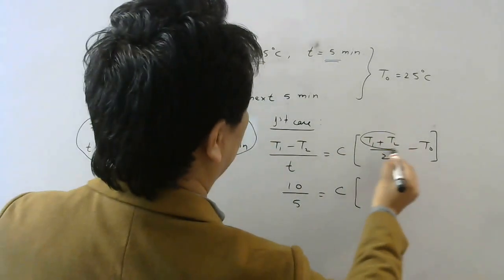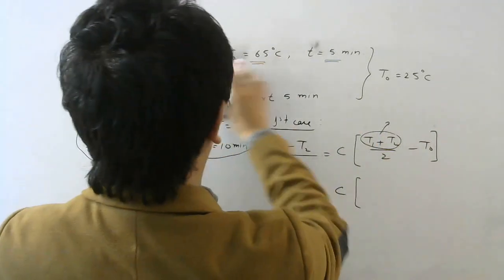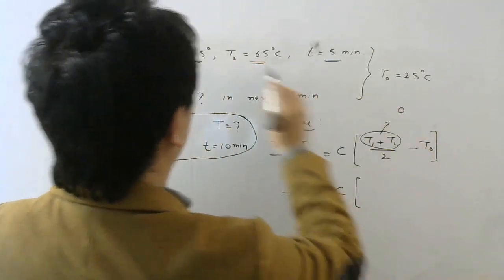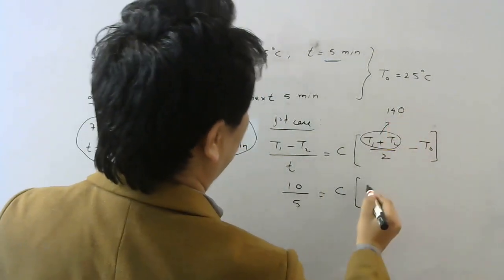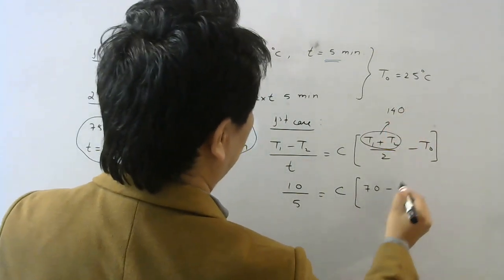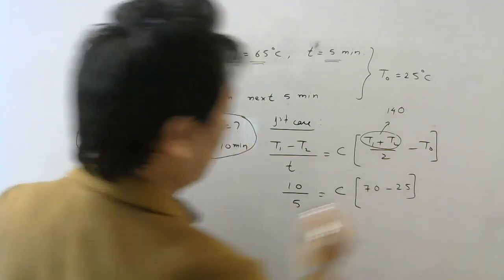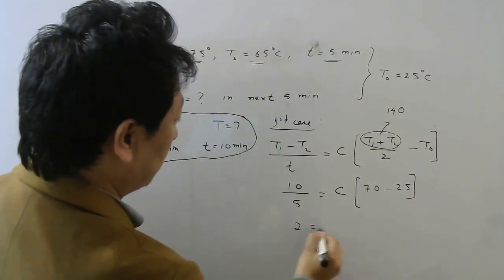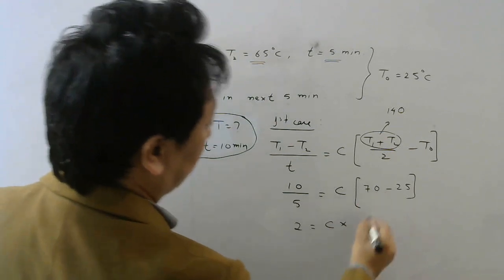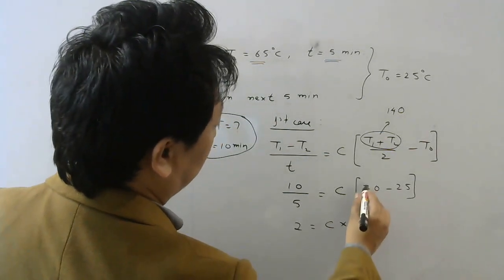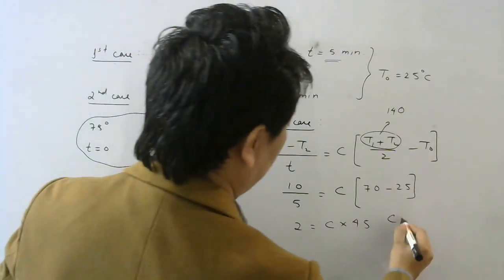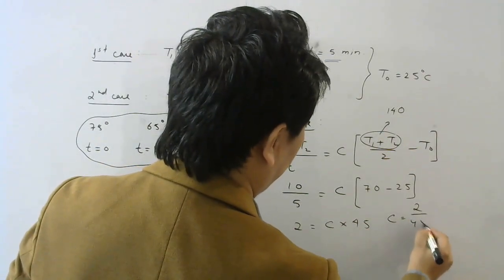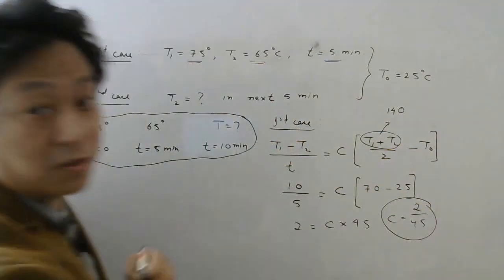If you add, what will you get? 140. So 140 by 2 will be 70 minus 25. So that will give you 10 by 5 is equal to C into 45, so 2 is equal to C into 45. So C will be 2 divided by 45. So this constant we found.